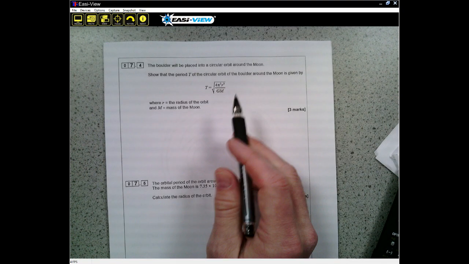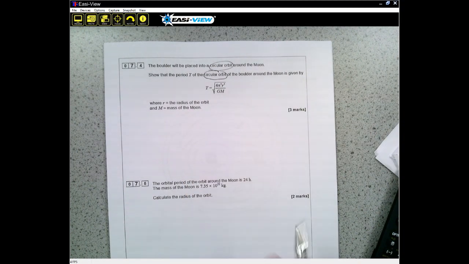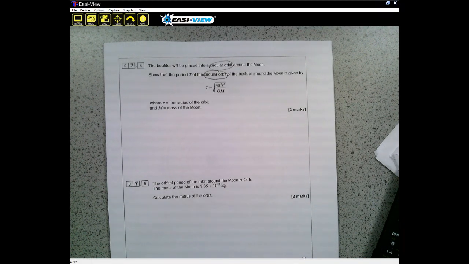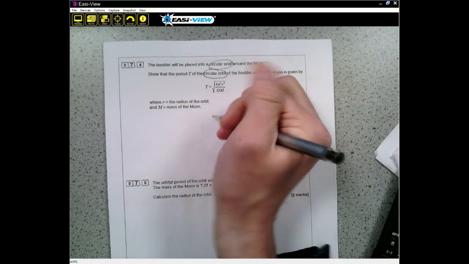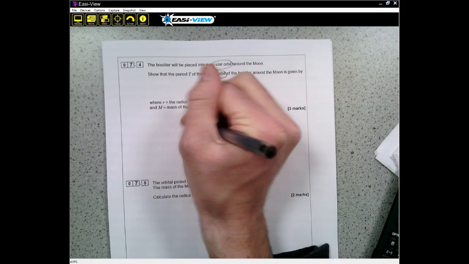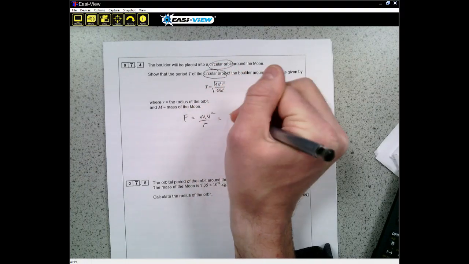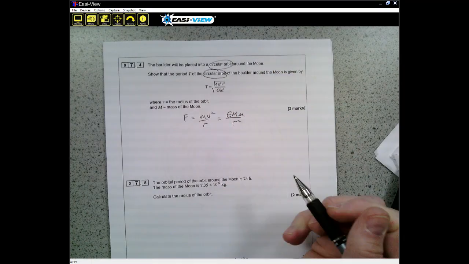So the boulder is placed in a circular orbit. Circular orbit is mentioned again. Show the period is given by T is the square root of 4 pi squared r cubed over GM. So we have that the force equals mv squared over r, which equals the gravitational force available. So that's fairly standard.